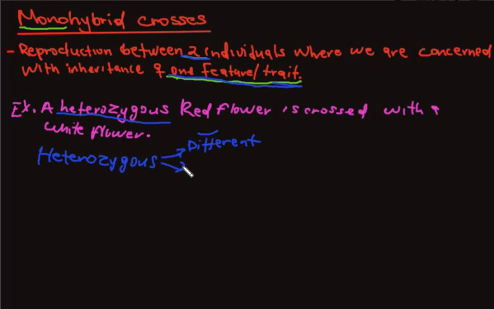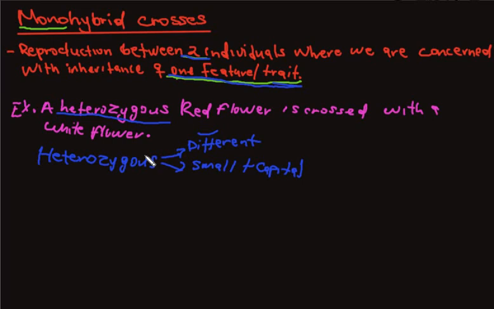When I say they won't be the same, I'm not saying it will be two different alphabets. No, because it's monohybrid crosses, it will be the same alphabet, but in different cases, a lowercase letter and an uppercase letter, or a capital letter and a small letter. So every time they talk about heterozygous, you know it's going to be small plus capital.